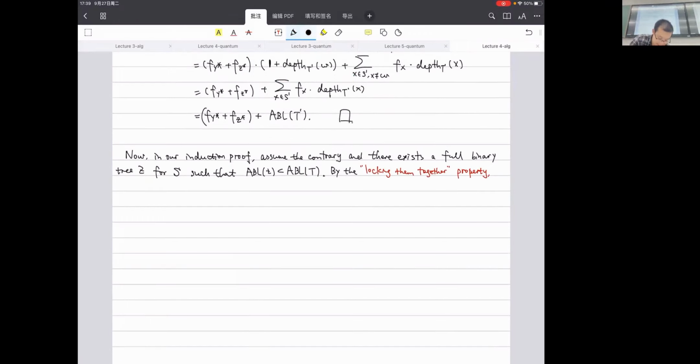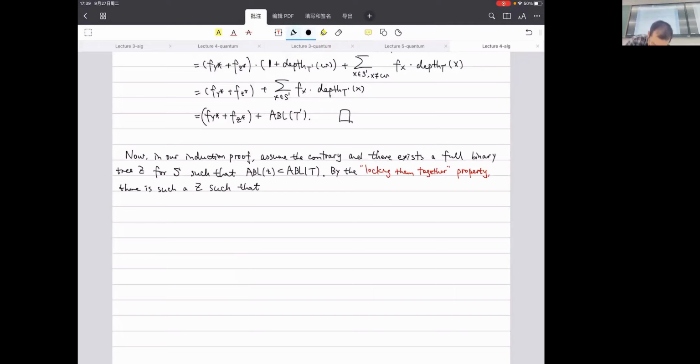So basically there is such a Z. And we can rearrange the labels in this tree Z that we assumed in the contrary, because we know that y prime and z prime are the two lowest letters.